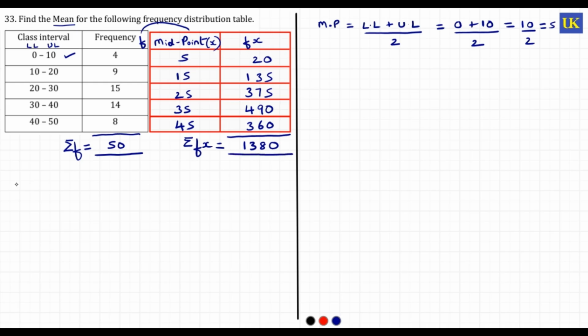Now we will find the mean. We can find the arithmetic mean or average, it is one and the same. So the formula is, you need to remember this formula, summation of fx divided by summation of f. So 1380 upon 50. 138 divided by 5 is 27.6.